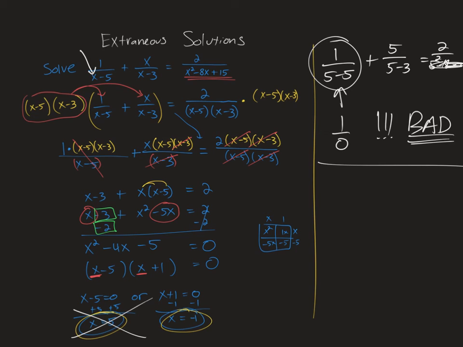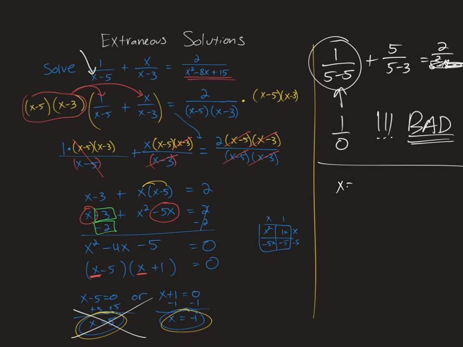Now, you'll start to gain an intuition. If I plug in negative 1 there, it's not going to make it 0. But what about this, x squared minus 8x plus 15? The denominator cannot be 0, and so we need to check it.